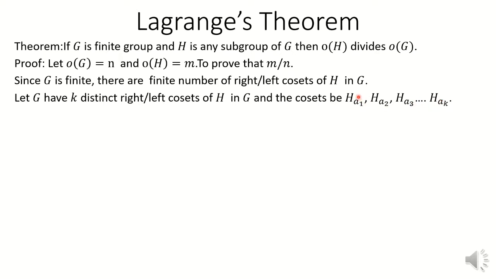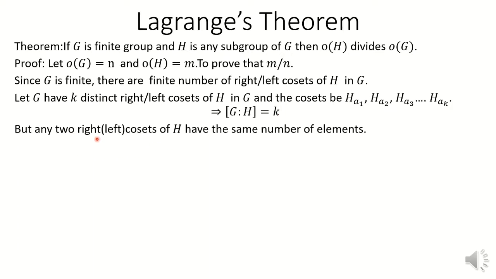Of course, we have taken here right cosets Ha1 to Hak. That is, index of H in G is equal to k. This notation represents index of H in G, that is equal to k, the number of distinct right or left cosets.